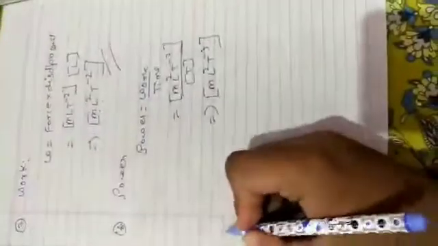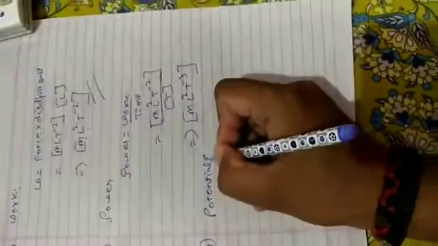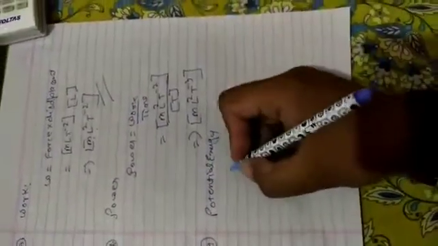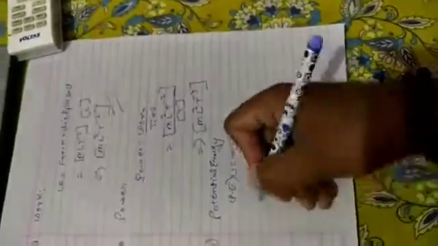Okay, ninth one is potential energy. What is the formula of potential energy? U is equal to mgh, or you can express it as PE also.